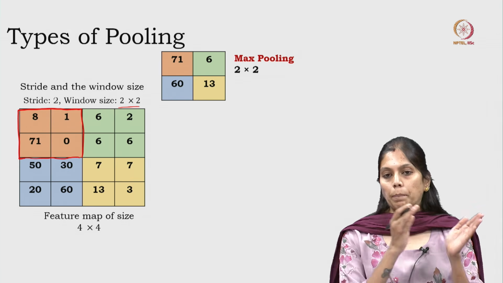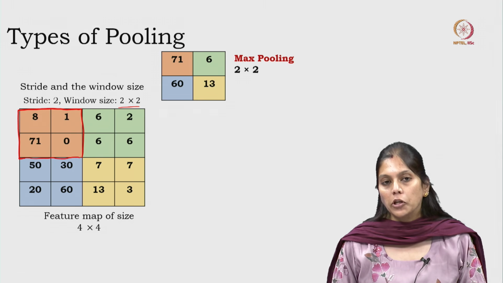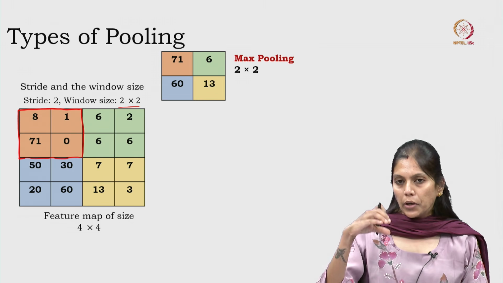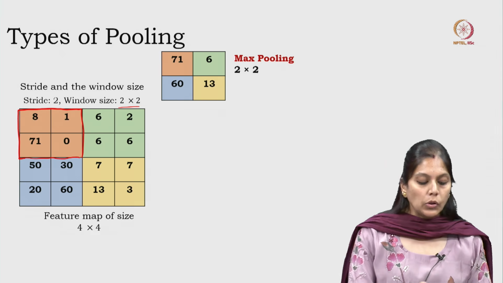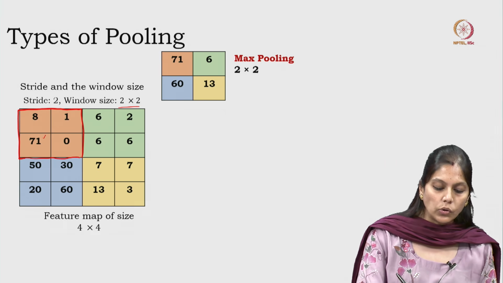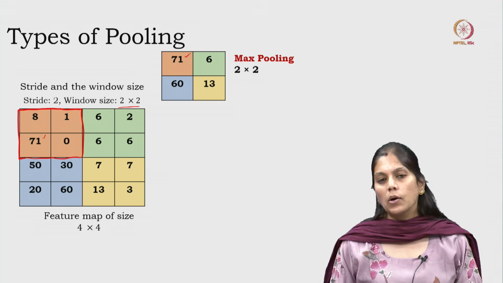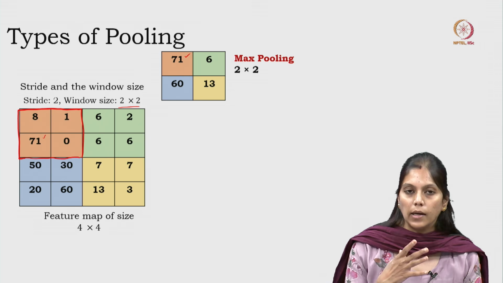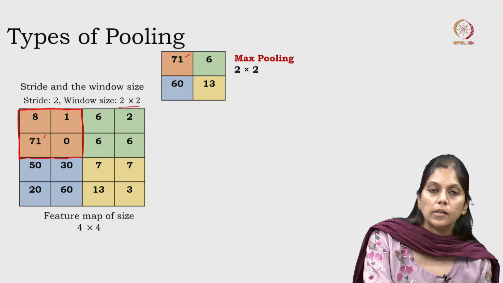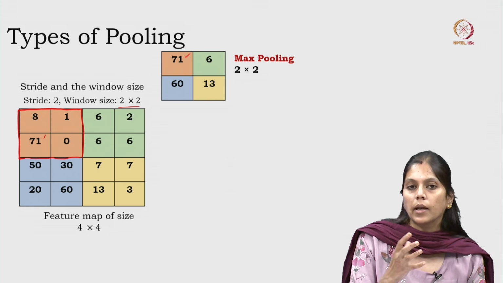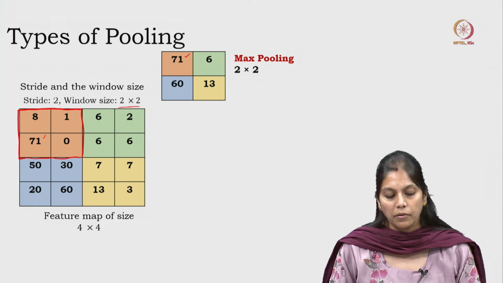When a window is placed onto this feature map, whatever portion we are visualizing, what is the maximum value in that? The maximum value is 71. The intuition behind this is that the most important feature is present here. That 71 carries the most important feature.